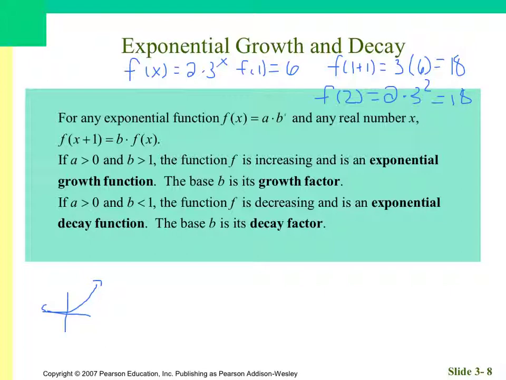The decay functions look more like that. Okay? So do you see on this one how when we move to positive infinity on the x values, it goes to positive infinity? Here, when we move to positive infinity on the x values, it's approaching 0. That's why it's called decay. But notice a is greater than 0 for both. If a is not greater than 0, it is neither exponential growth nor decay.